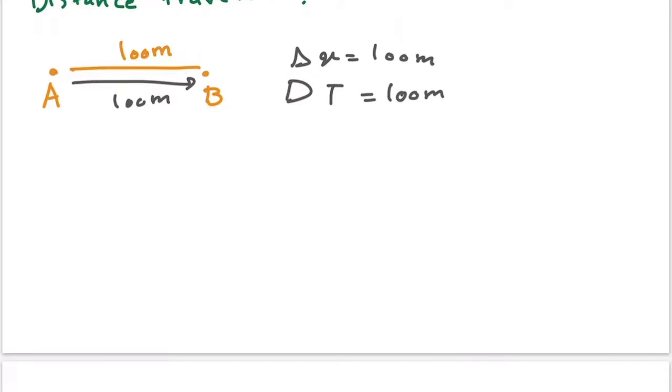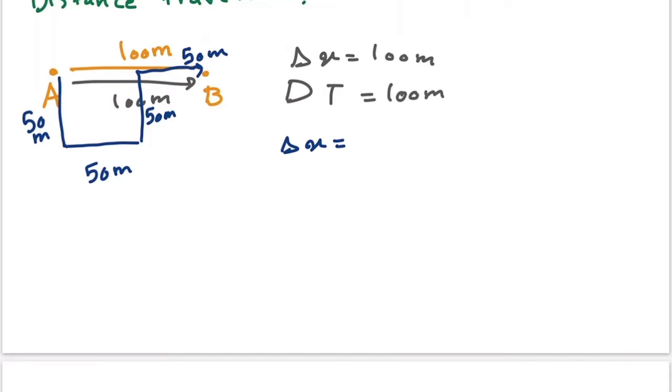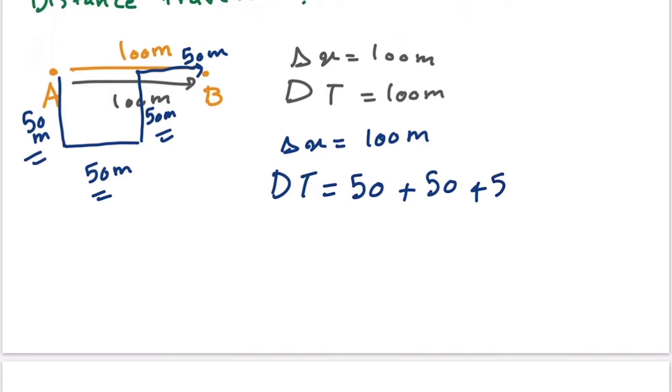But what if I go up for 50 meters, and go right for 50 meters, go back down for 50 meters, and then continue to go to B for another 50 meters? Displacement is again 100 meters. But distance traveled now is 50 plus 50 plus 50 plus 50. So now the distance traveled is 200 meters.